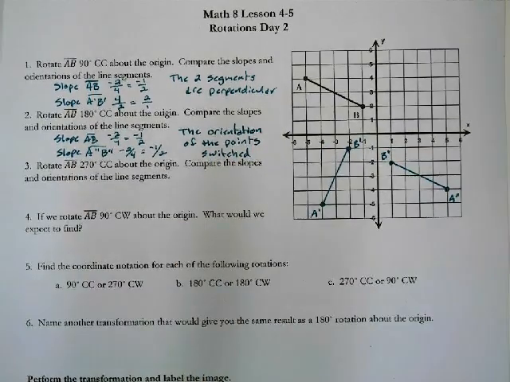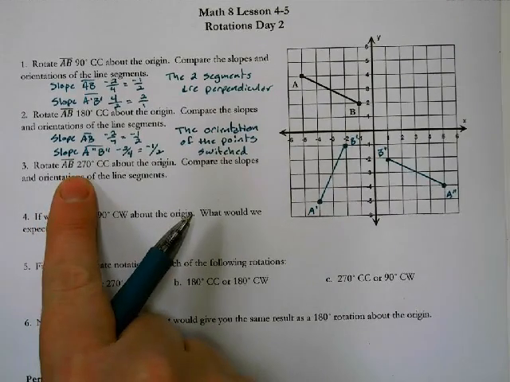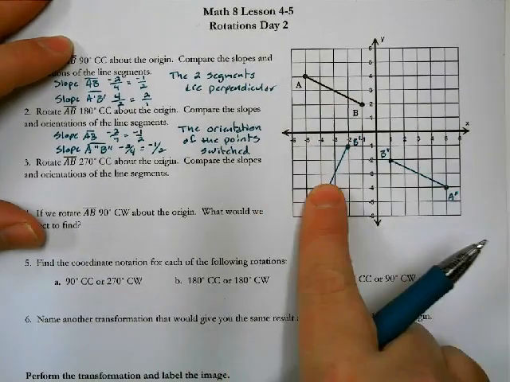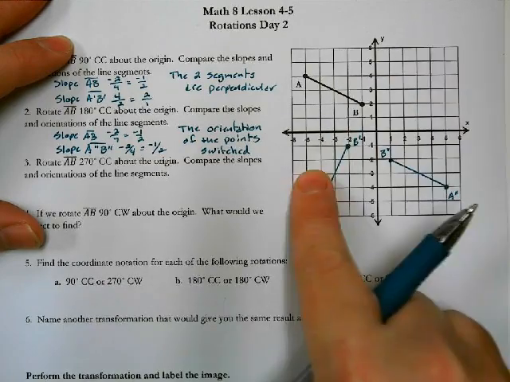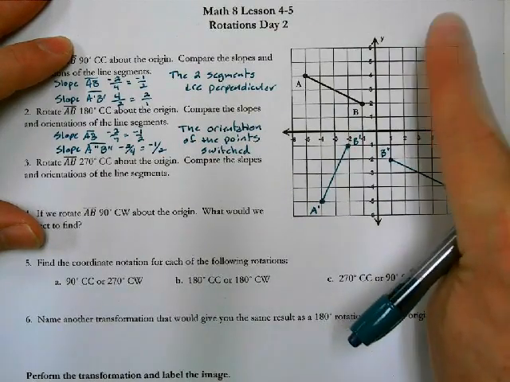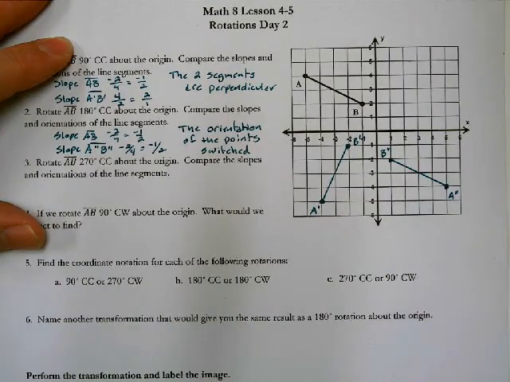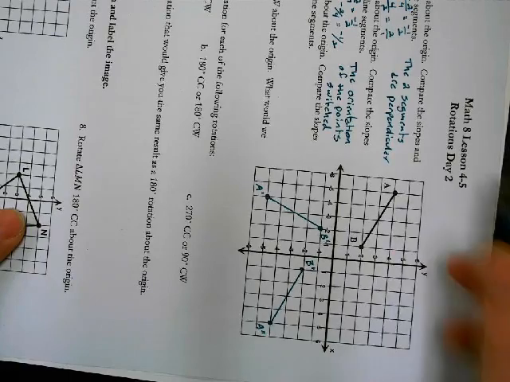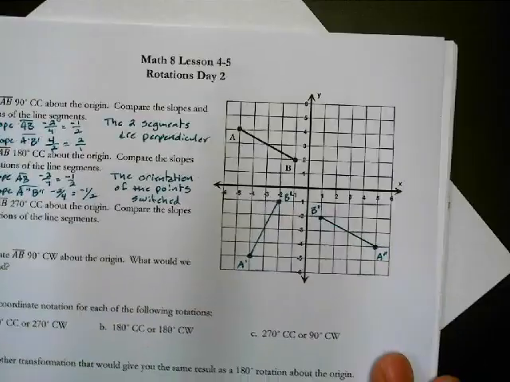All right, last one, 270 degrees counterclockwise about the origin. That is 3 spins. We should go 1, 2, 3, so 90, 180, 270. That's where we should end up. So let's follow A as we go through that. 90, 180, 270. A should be at 4, 5, right? So A is at 4, 5.